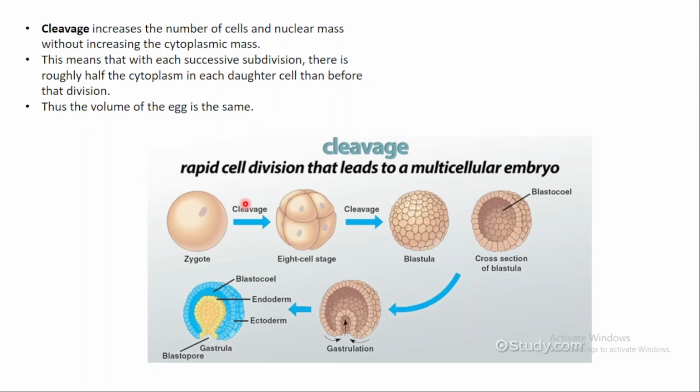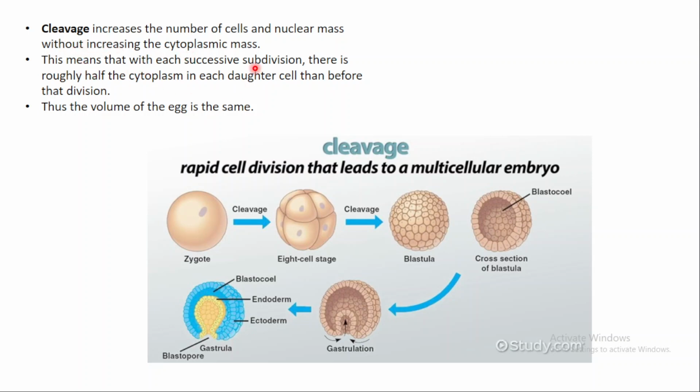So cleavage division will happen dividing the existing volume into different cells without change in cytoplasmic mass. Cleavage is different from normal cell division, in which we have two identical cells and the cytoplasmic mass also gets doubled. But in cleavage we only have the division without increase in cytoplasmic mass.